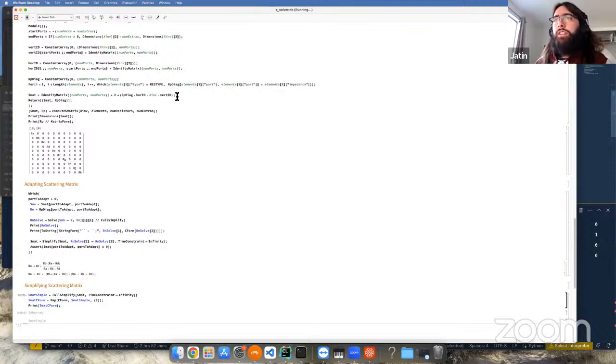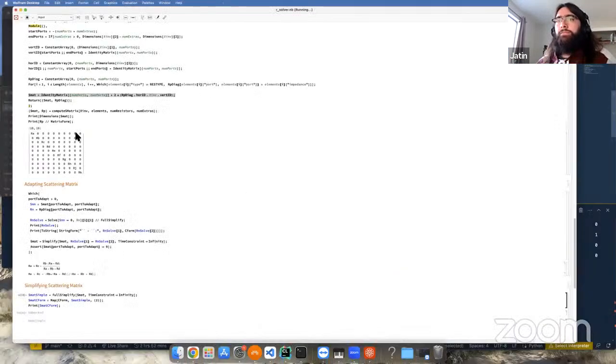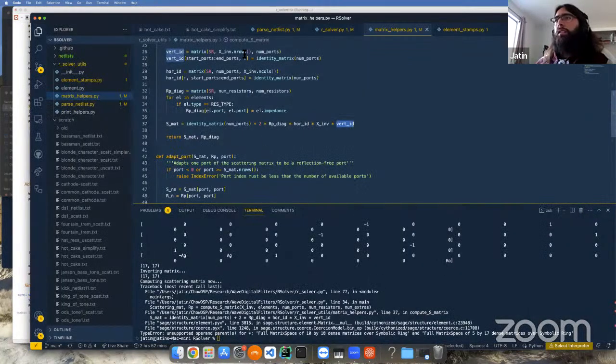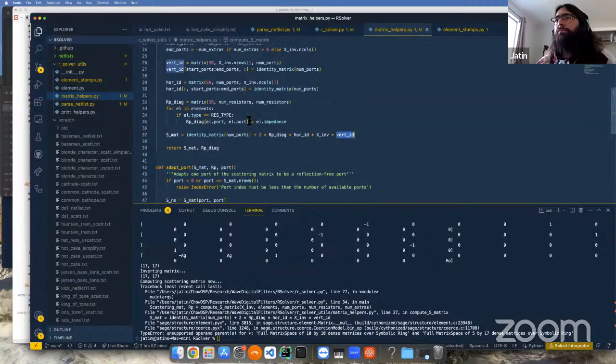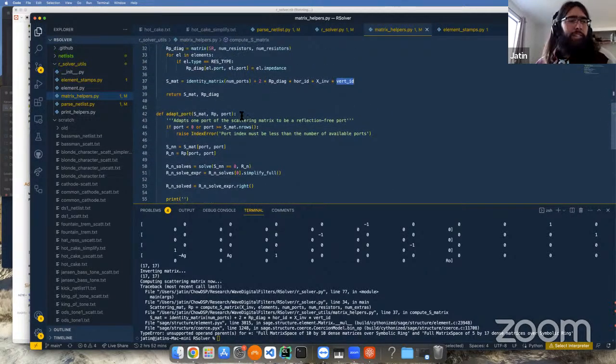Although it's kind of interesting because this is the line where the Python implementation had the dimension mismatch error that we just saw. So the fact that we didn't see that error in Mathematica is a little bit curious.